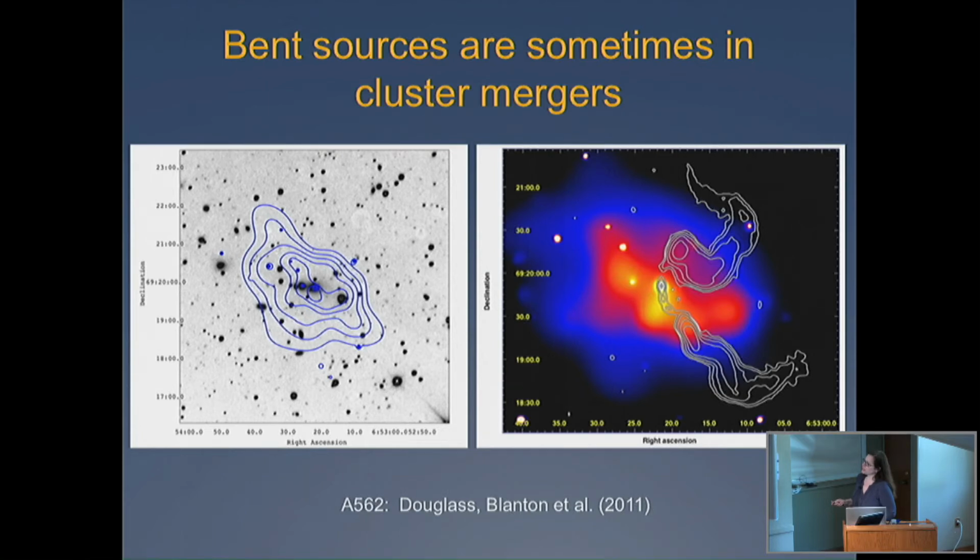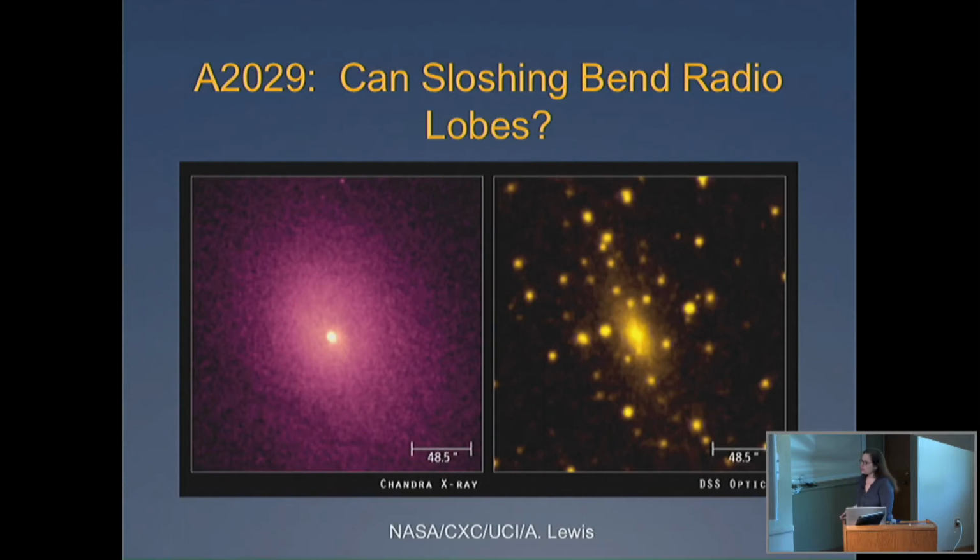So you can see there's actually two luminous CD-type galaxies in the core. It looks classically like a cluster-cluster merger along this axis, and you see this large radio source. So the idea is that you have some bending of the lobes because there's a flow of the gas in this direction.